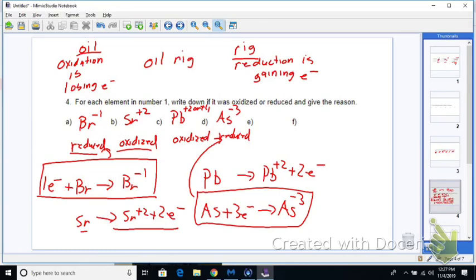Here's sulfur, what it turns into. We can't do the last one because the last one does not have a charge. So the last one is Kr and it's no charge. So go ahead and show what you think happens to sulfur.